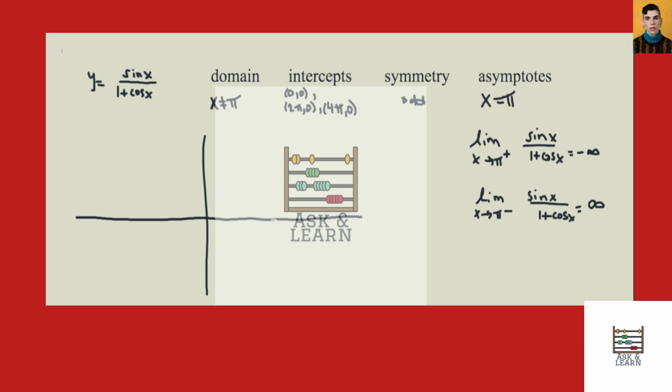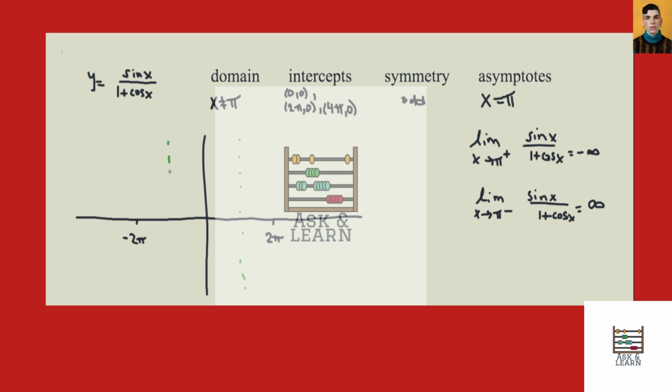Let's say this is 2 pi. This is in radians, and this is negative 2 pi. And we said that we have asymptotes at pi, so if this is 2 pi, then pi would be right here. So that's going to be our asymptote.